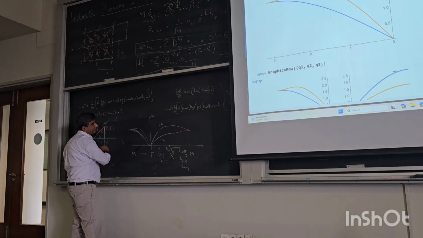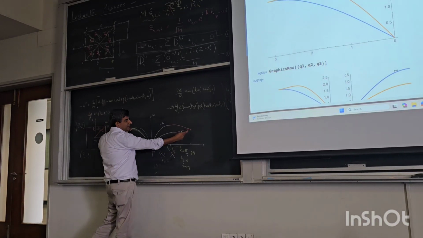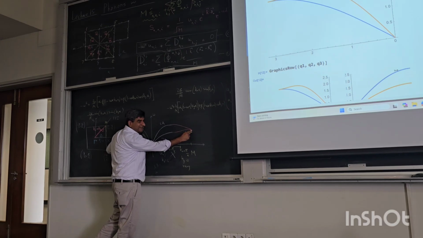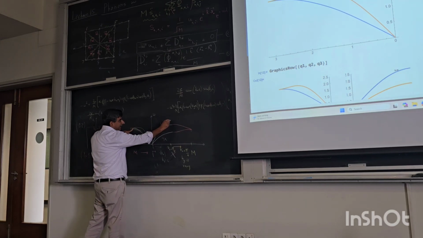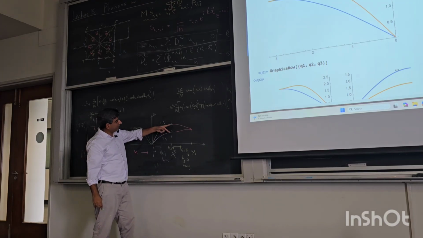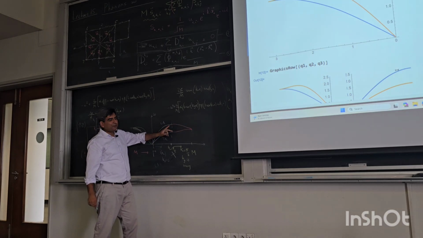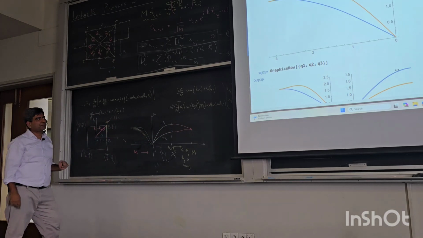And they meet again here. This point, of course, corresponds to this point, so they must be identical here. At each of these sections, you get an omega, and it starts off in the next section from the same point. Okay, so this is what the dispersion relationship looks like.